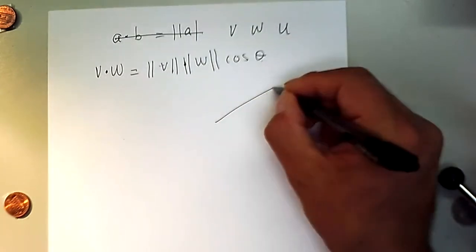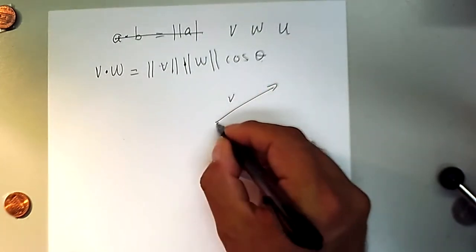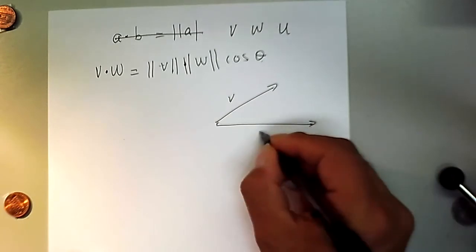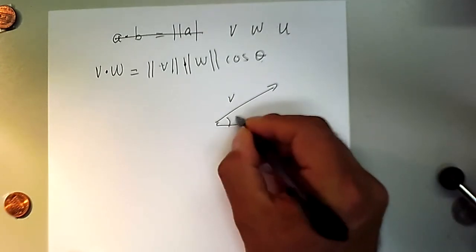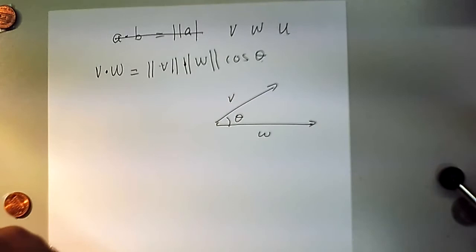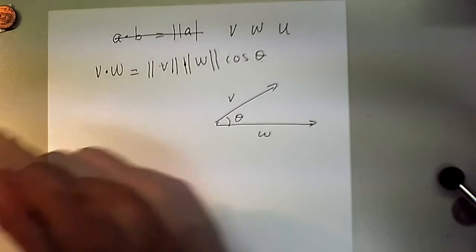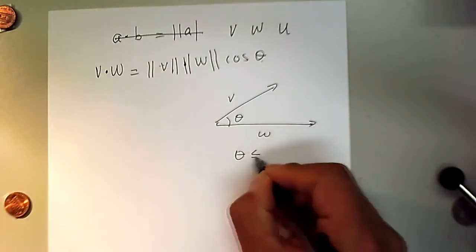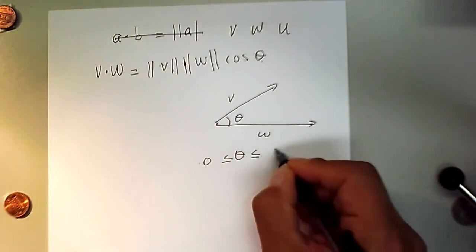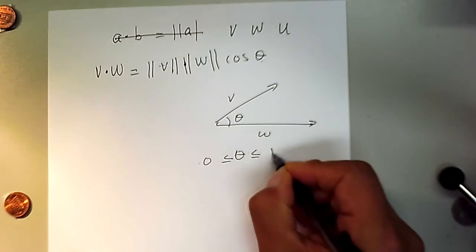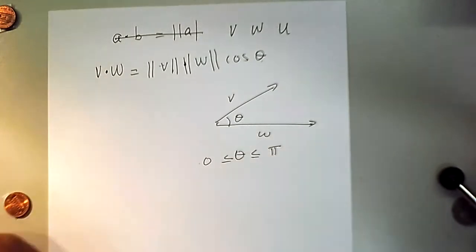If you have v from the origin and w from the origin, this angle theta is the one in between them. It is always going to be positive, not greater than 180 degrees. So theta is not negative and less than or equal to pi.